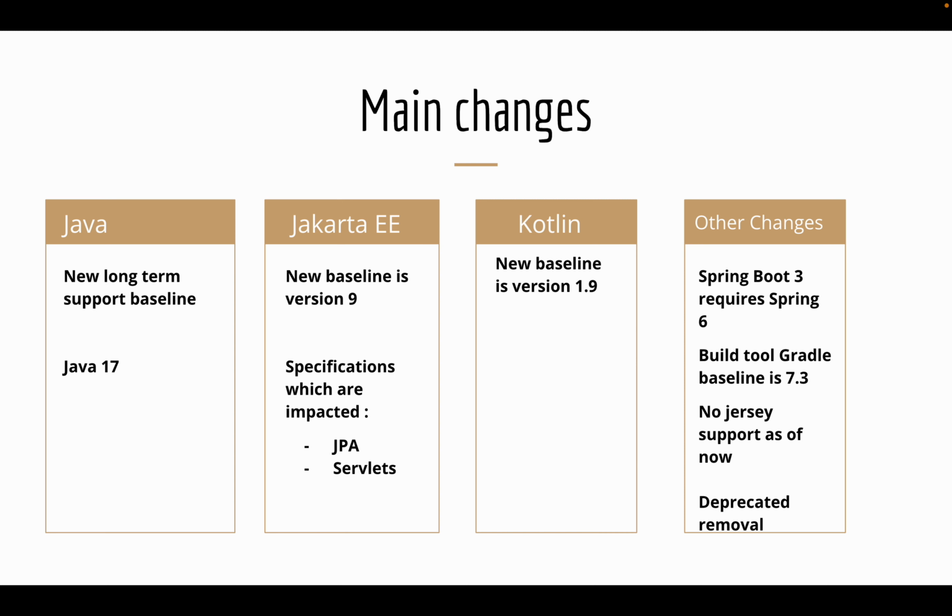And those using the Jersey framework, please note that there is no current support for Jersey in Spring Boot 3, but it should be added back once the support is there. So if you are using Jersey, I would suggest holding off on a migration until the support is in place. The very important note is that all the deprecated classes are removed in this version.